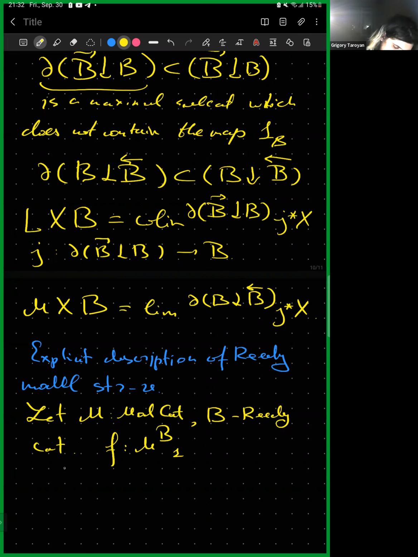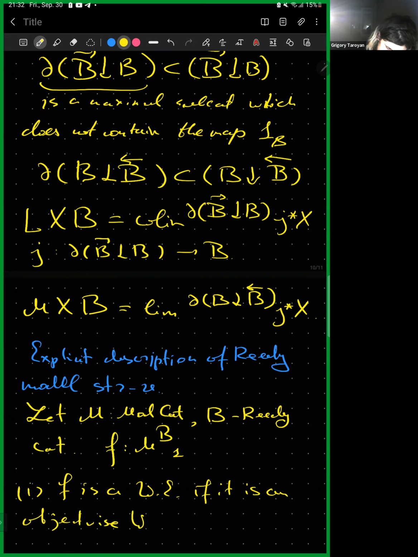We say that F is a weak equivalence if it is an objectwise equivalence.